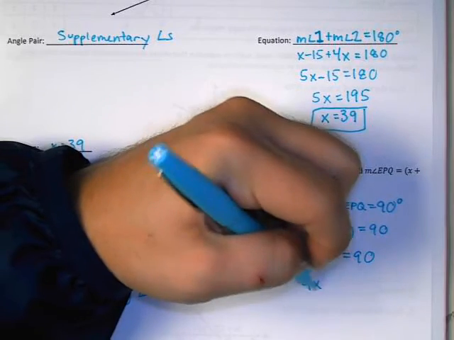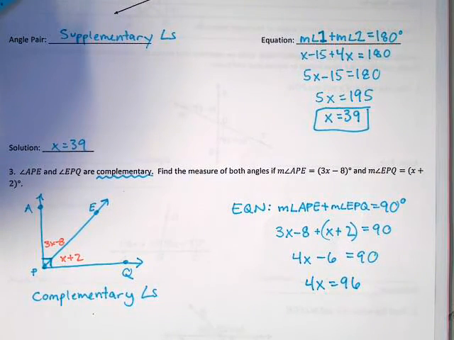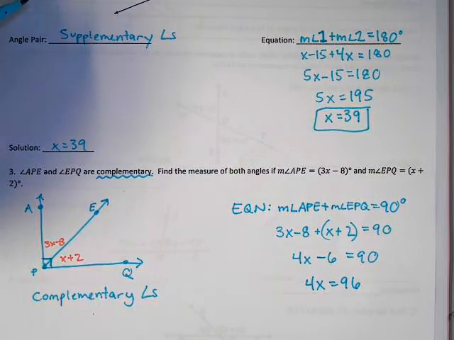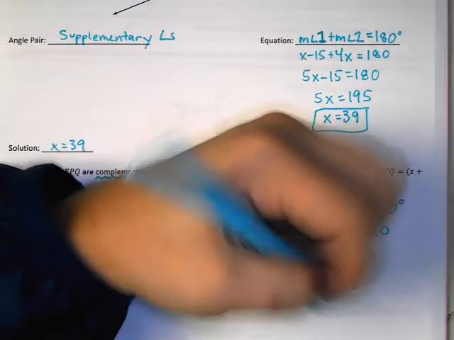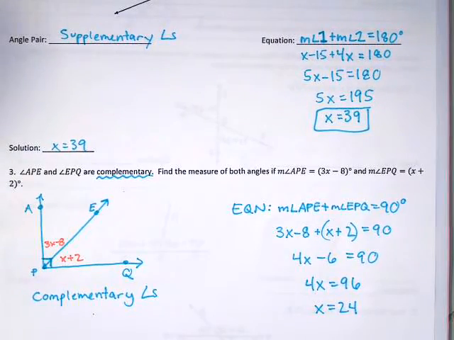And I have 4x is equal to 96. And what's that? 96 divided by 4, 24, sorry. 24? Yeah, 24. x equals 24.